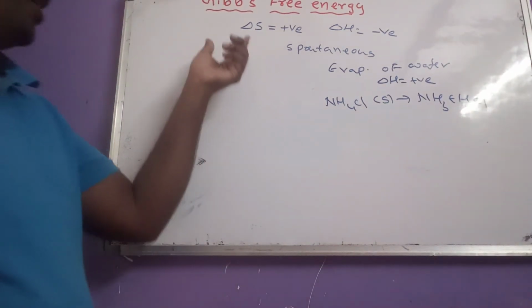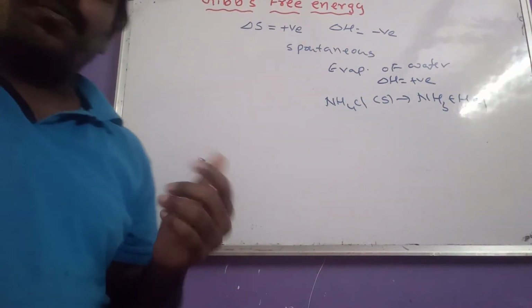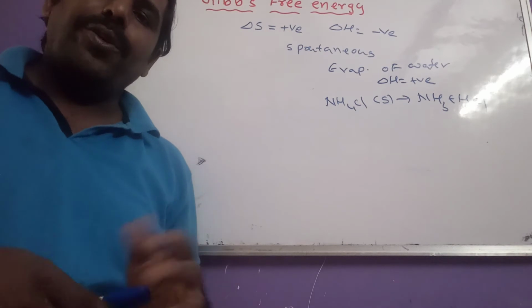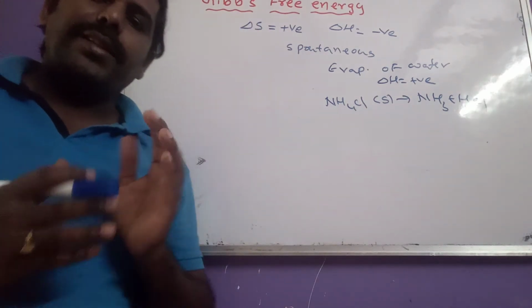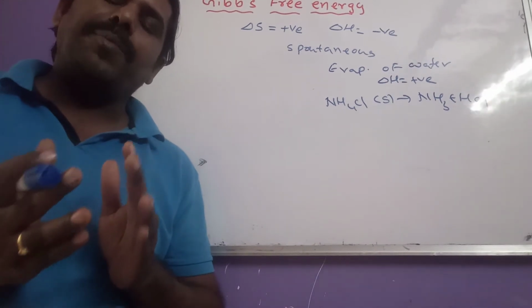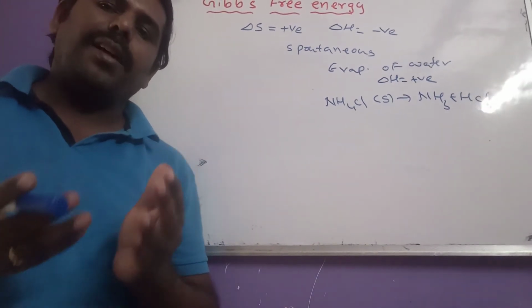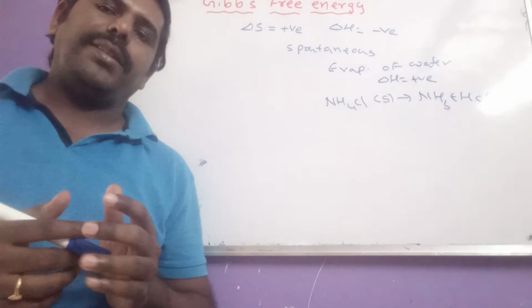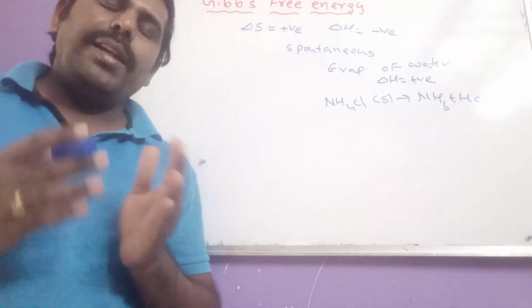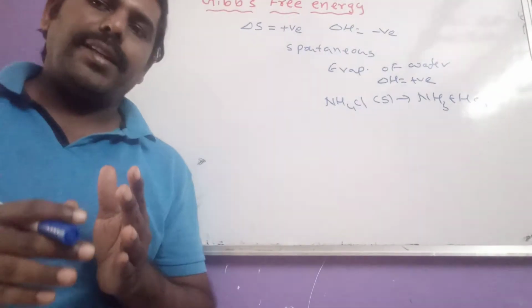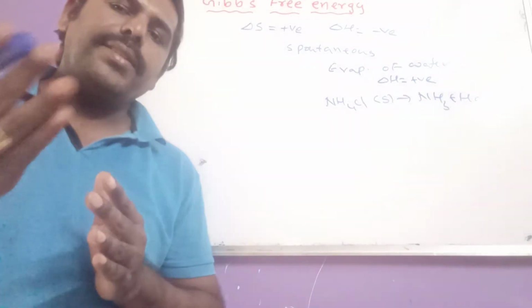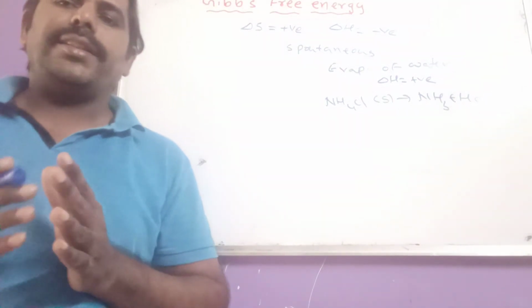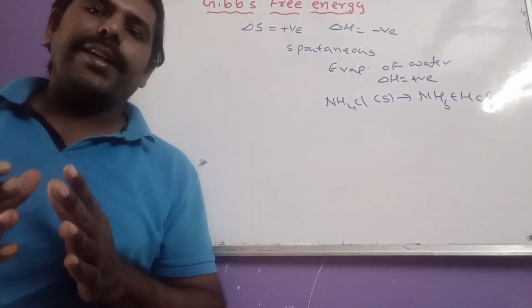And now come to delta S positive. If you consider delta S positive as the necessary condition for spontaneity, it is not correct in all cases. Example, liquefaction of gases. In the liquefaction of gases, gas converts into liquid state. What is happening here?